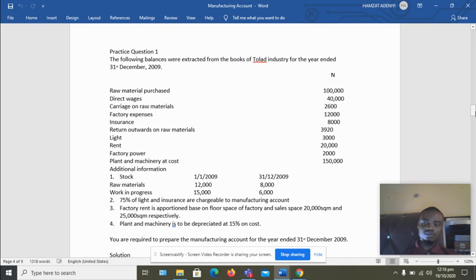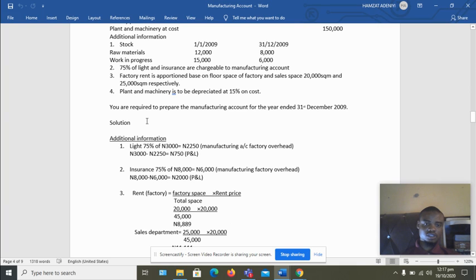I have a laid down solved question on it because I have limited time to record this session. So as you can see, we have 75% of light, 75% of 3,000 naira. You check your trial balance, the value of your light is 3,000, and 75% of it is 2,250.